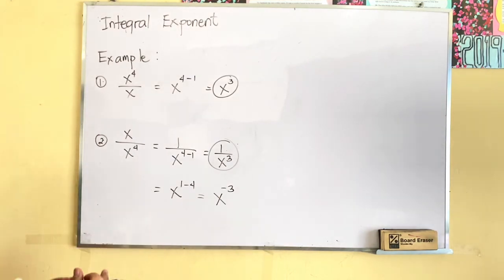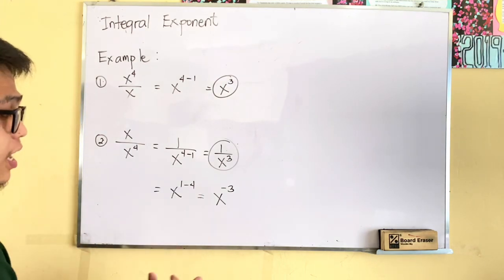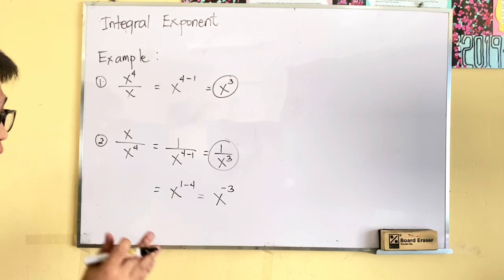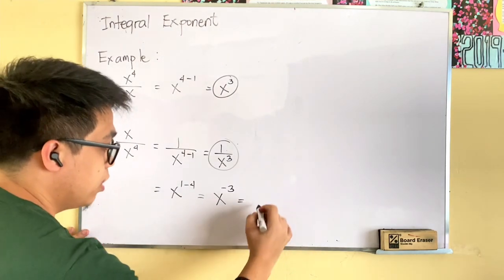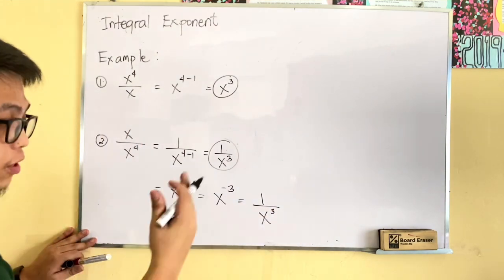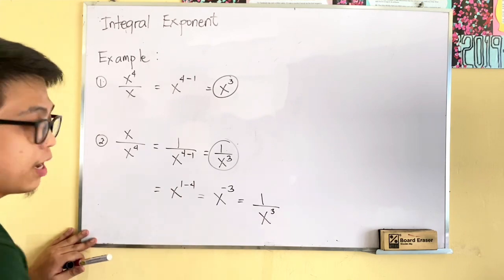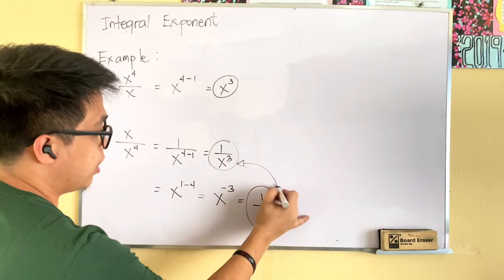And when an expression has a negative exponent, we take the reciprocal of the given expression. So, the reciprocal is 1 over x cubed. After the reciprocal, the exponent is now positive. As you can see here, the output is still the same.